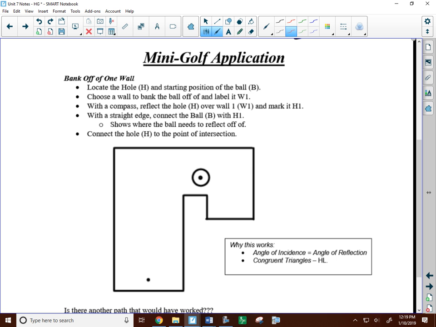I have a little mini golf application. I've done more with this in the past, but it's just a fun little thing. Basically, if I was completely doing this, we would need to know constructions already, which we're doing next. And you need a compass and a straight edge.